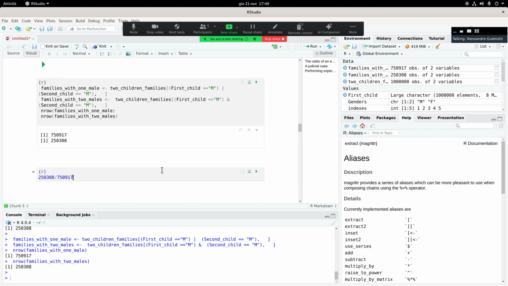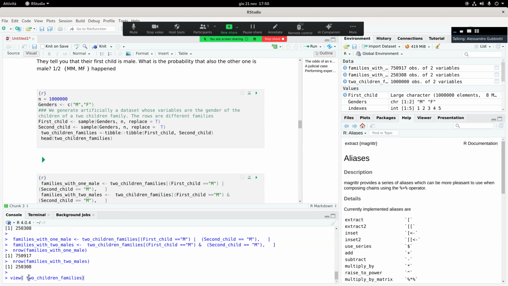Did you understand the data set? I generated random data which should mimic the real data about families with two children.